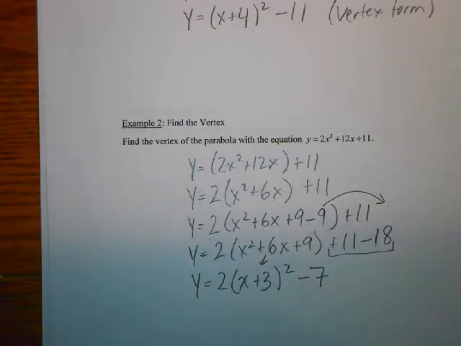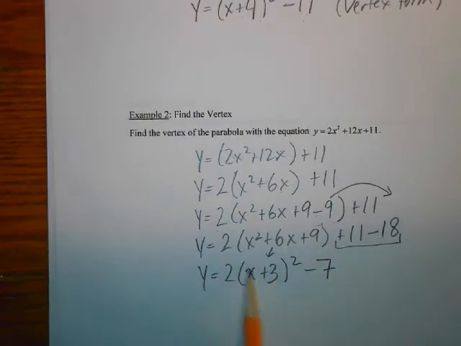And if you don't believe or you want to check, again, just expand this. You'll see that x plus 3 times x plus 3 is equal to this. And a lot of students will ask me, well, where did the x squared go? Well, the x squared's still here. It's just been factored into this binomial. Okay, all right. So that's the vertex form.